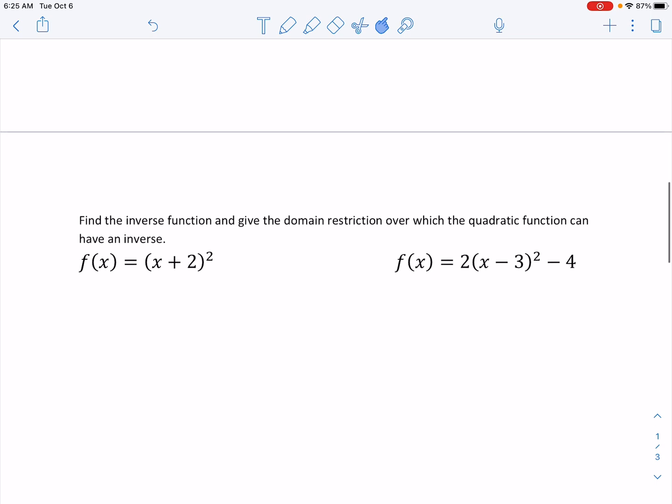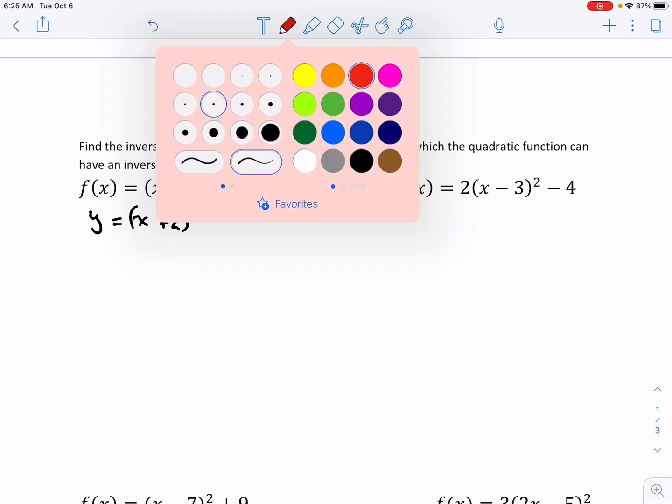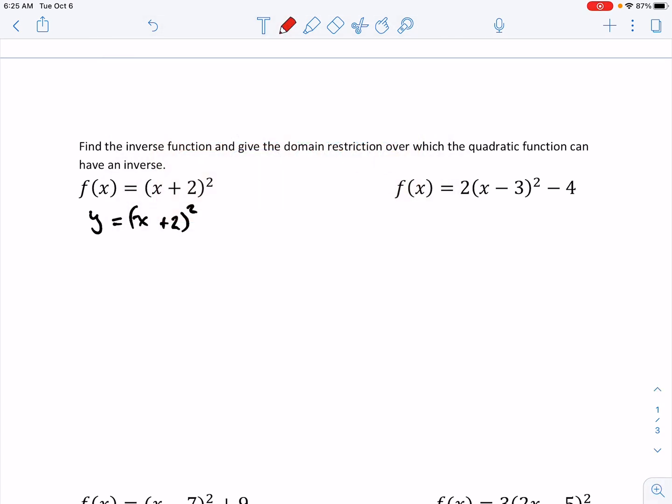All right, let's try some examples here. So let's see, we switch f of x to y. Okay, next we're going to switch our x and y. Okay, now we need to get the y out of that parentheses, so I take the square root of both sides.